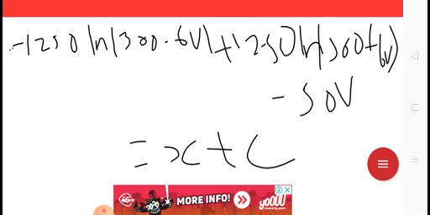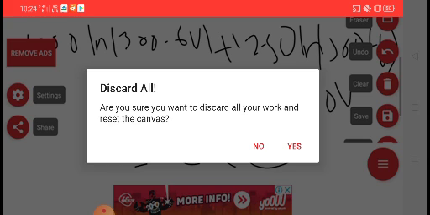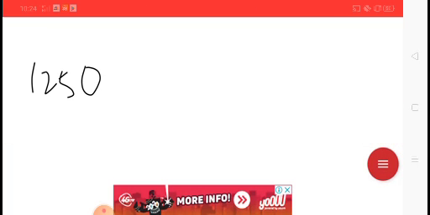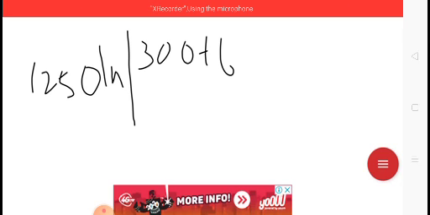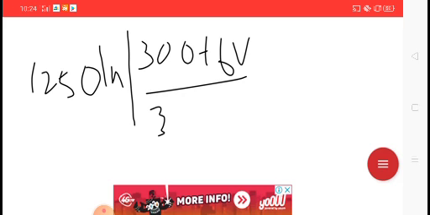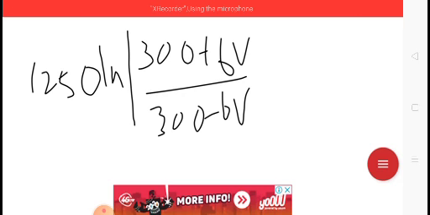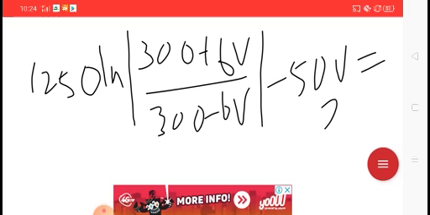Simplify the equation: 1250 ln((300 plus 6v) over (300 minus 6v)) minus 50v is equal to x plus c.